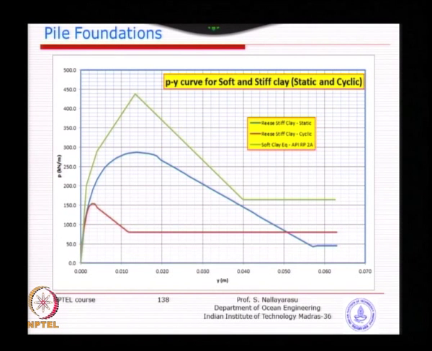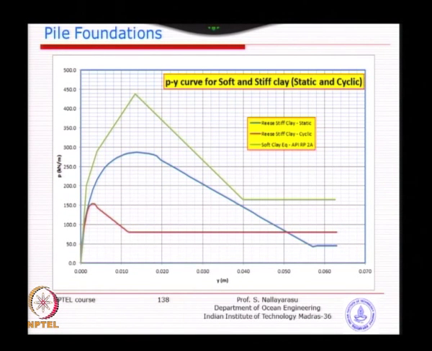You can see it is still comparable to soft clay, not too bad, because the ratio of the resistance is about 300, 280, and this one is about 420, 430. So, soft clay to stiff clay becomes almost 70-80%, or maybe 70%, and then from that to cyclic of stiff clay, that is even worse, it is almost 150.